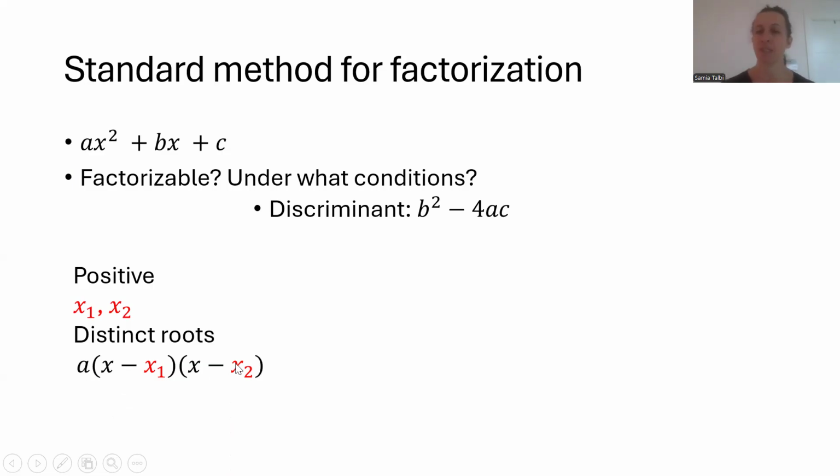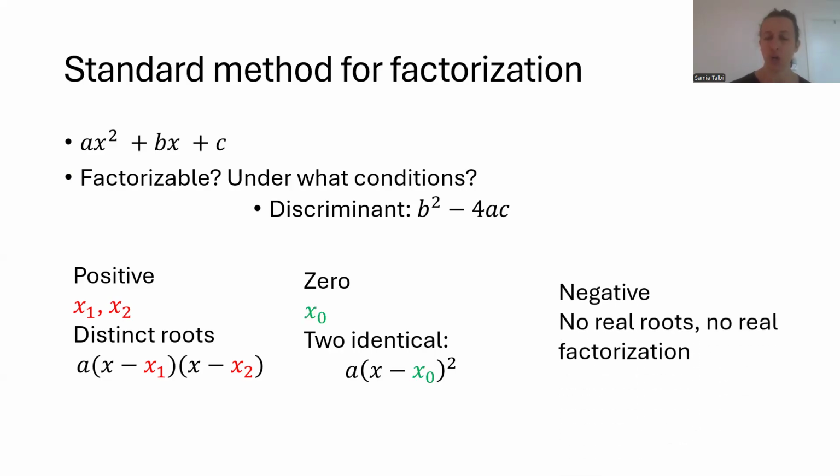What happens if it's equal to 0, if your discriminant is null? You will have two identical roots, and let's call it x0, okay? So the factorization will be x minus x0 times x minus x0, so that will be squared. And then times a before, yeah?